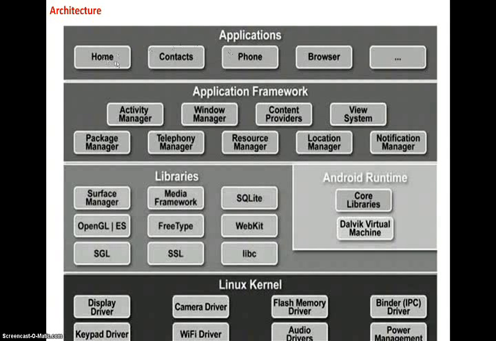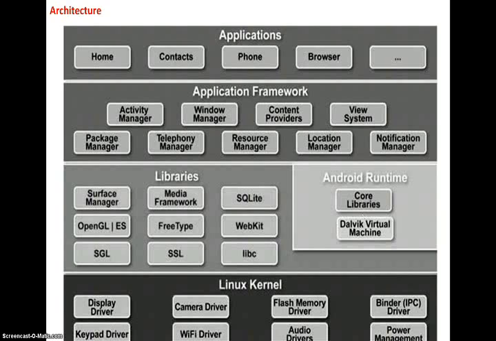Next is the architecture. First is the application layer that has all the applications. The second one is the application framework, where your application interacts with other managers and utilities like contacts, telephony, packages, resources, locations, notifications, etc. After that, the third layer is the libraries, which has OpenGL, Media, SQLite, and other components for the Android OS to function properly.